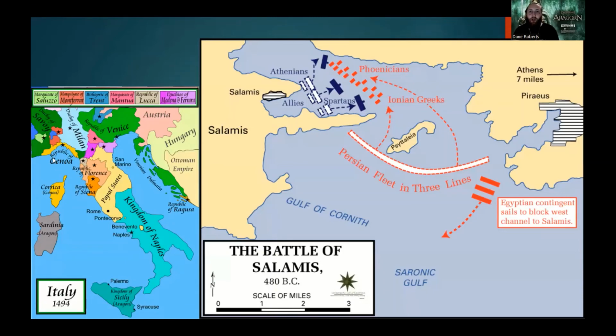and Genoa, who were known for their fleets and were actually feared for their fleets, and in many cases, including the siege of Constantinople during the Ottoman conquest of the Byzantine Empire, were often called upon because not many people had fleets that were good enough to fight the Ottomans or other people.